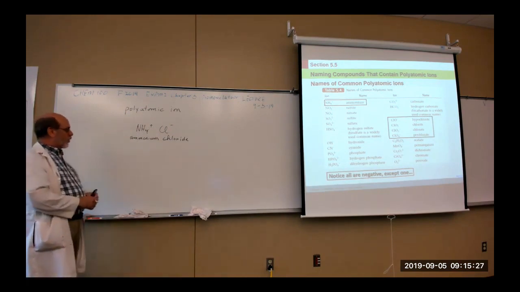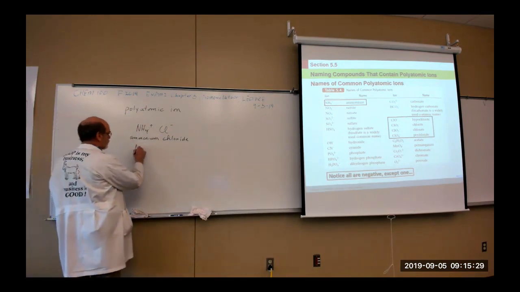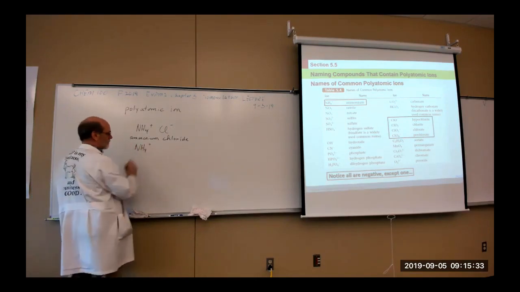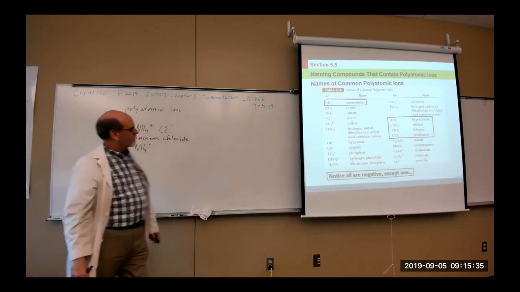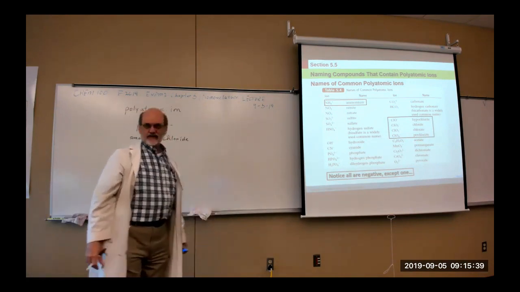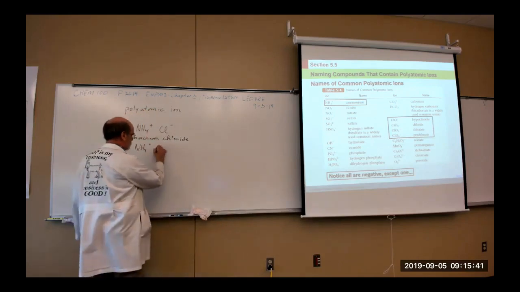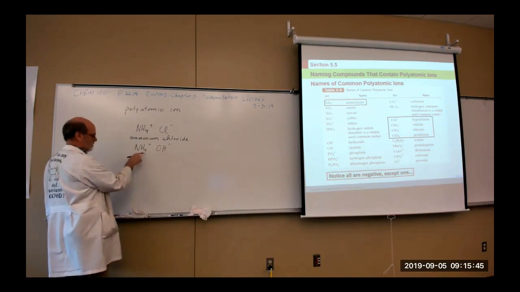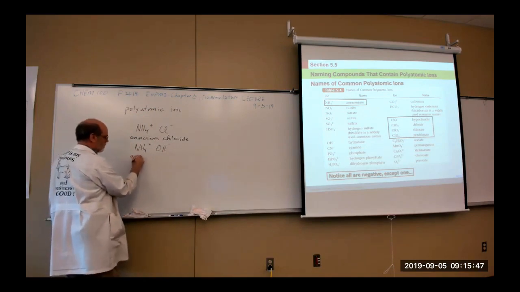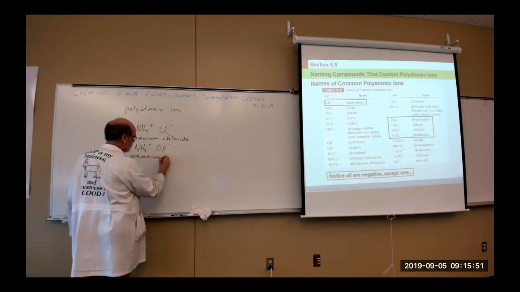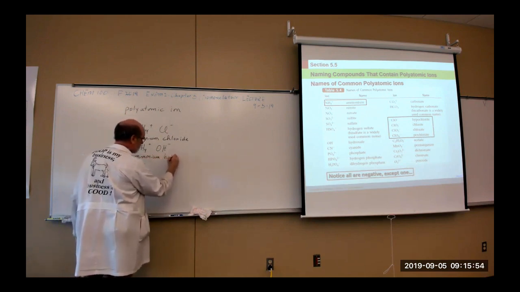Okay? What if we combine ammonium with another polyatomic? You can do that. How about, let's pick one, how about this one? OH minus. That group is a -1 charge, ammonium hydroxide.